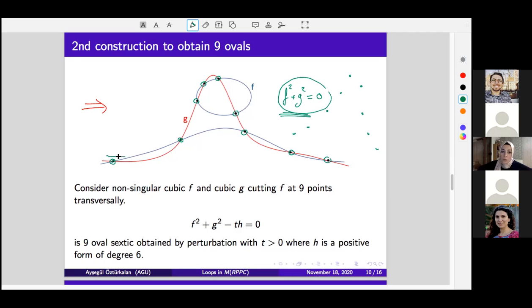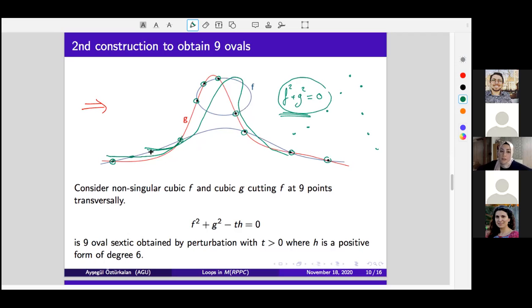Okay, I can move this function a little bit here, move a little bit more, but can I guarantee that it is still a cubic? And can I guarantee that I will keep these points also?